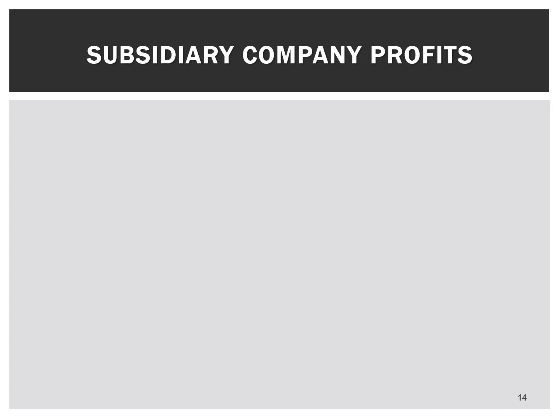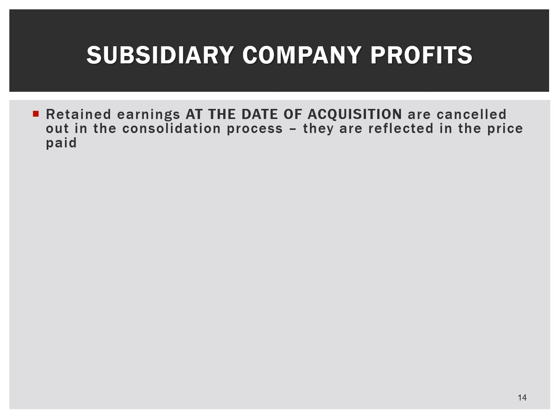So we've seen how different asset values could affect the figures in the individual balance sheets. Another reason why the equity and investment figures might be different is because the subsidiary company has made profits from trading after the date that we acquired the shares.